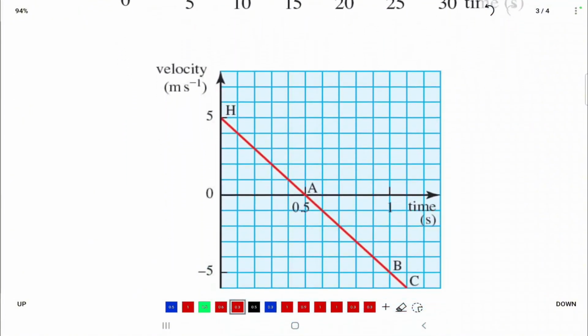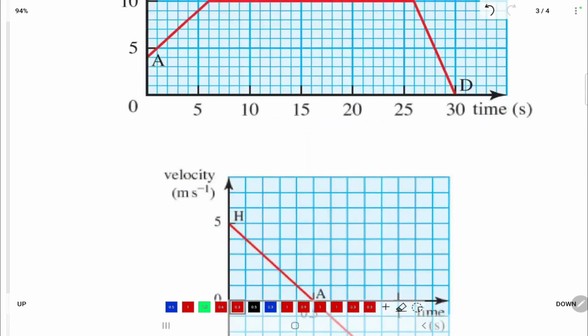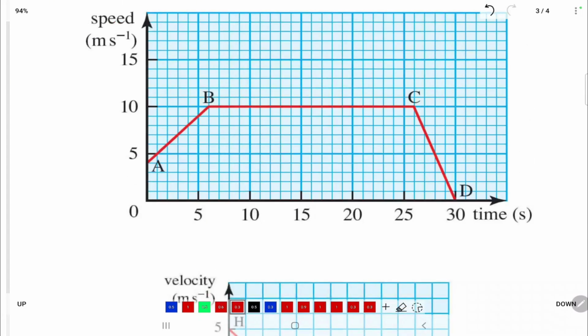Here you see the velocity versus time, and here also the speed versus time. We can use both of them to compute the acceleration, which is the rate of change of velocity or speed with respect to time.